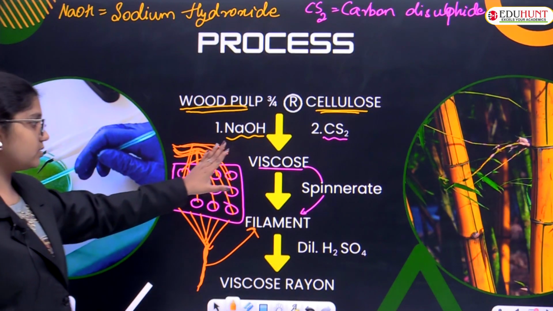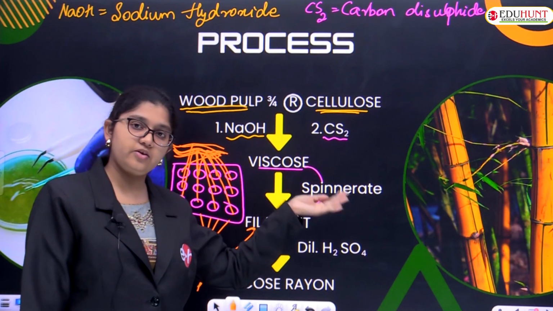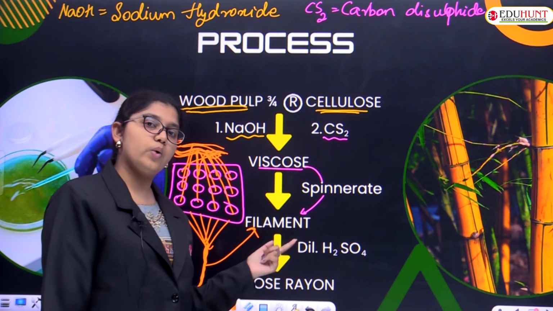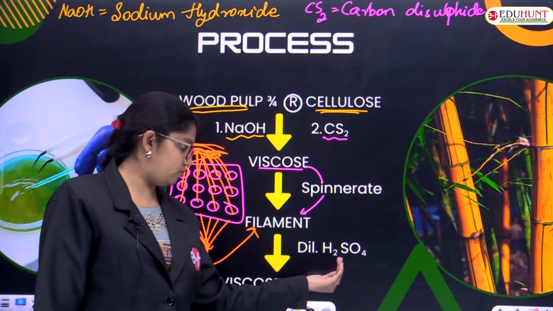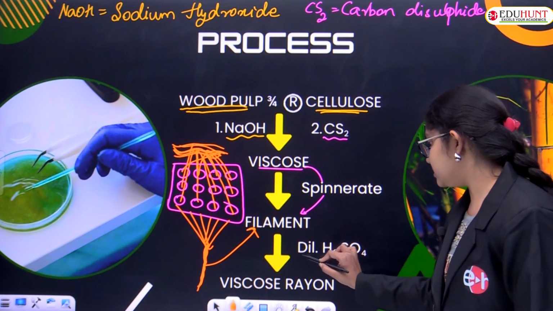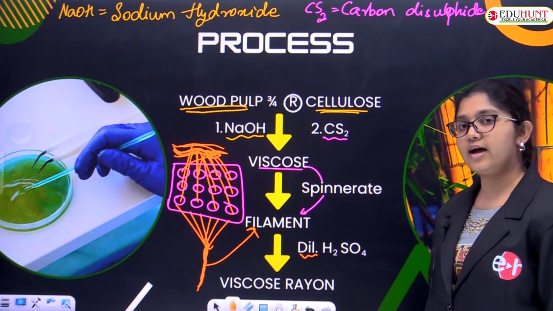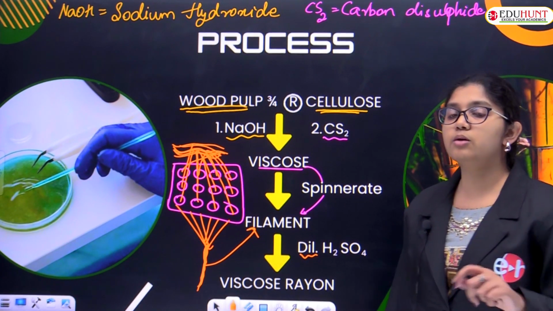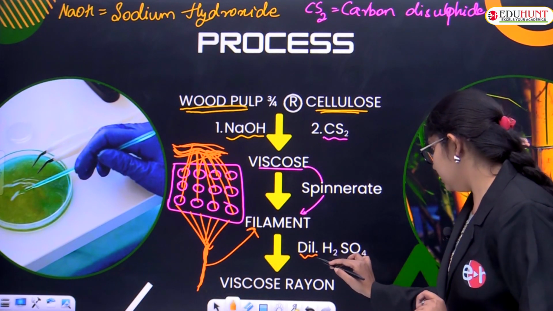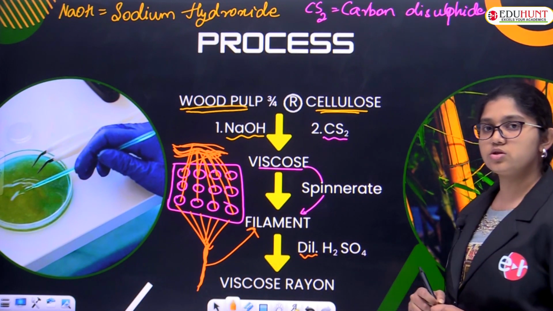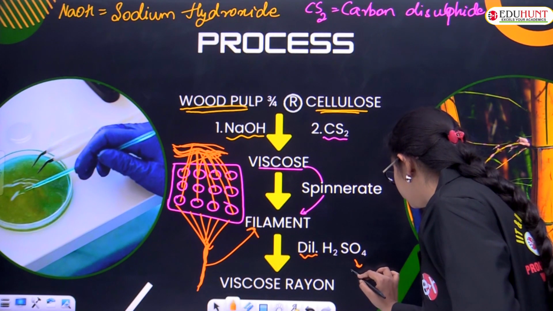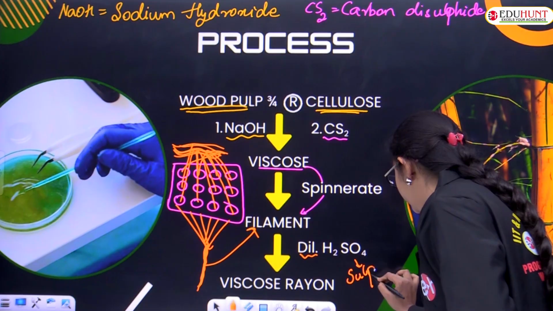So, after the processing of viscose fiber in the spinneret, we'll get a filament, and that filament is treated with dilute H2SO4. What is dilute H2SO4? DIL means dilute. Dilute means more amount of water and less amount of acid, okay? H2SO4 stands for sulfuric acid.